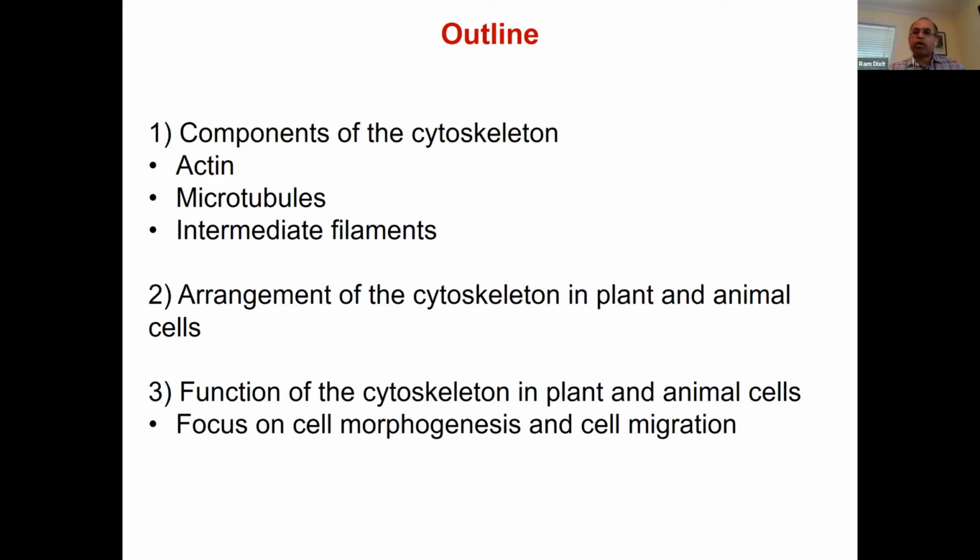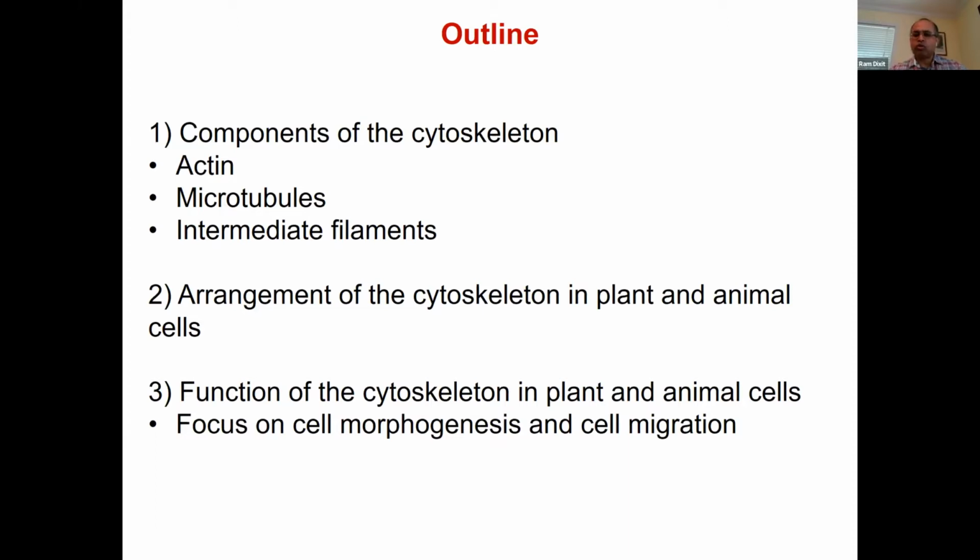So very quickly, I will introduce the major components of the cytoskeleton: the actin microfilaments, or F-actin, microtubules, and intermediate filaments. We'll see a couple of brief examples of how their arrangement is similar or different between plant and animal cells, and then touch on functions of the cytoskeleton. Here, we won't have time to go into all of the functions or even some of the major functions.